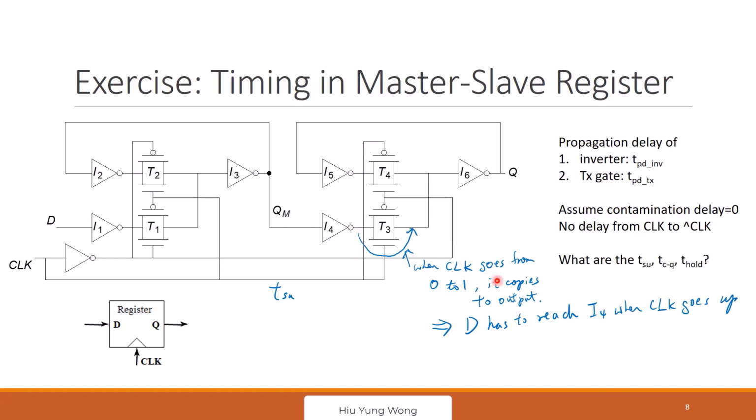That was before the clock goes up. So at that time, the clock was at 0, so T1 is on, right? And then you go through I3 and go to I4. So you see that the T setup time is equal to Ti1 plus T1 plus Ti3 plus Ti4.